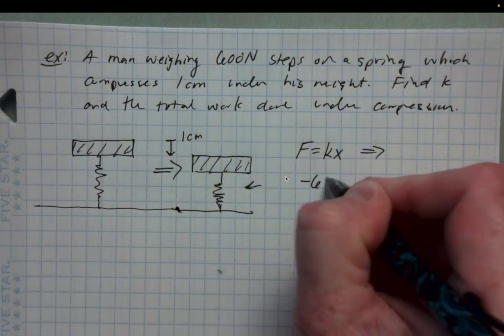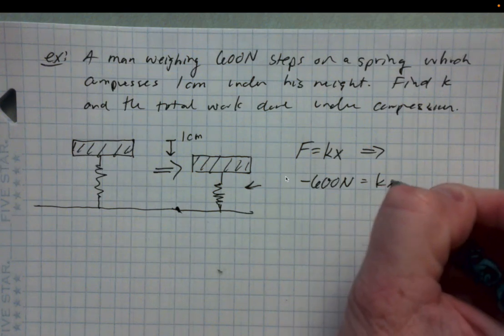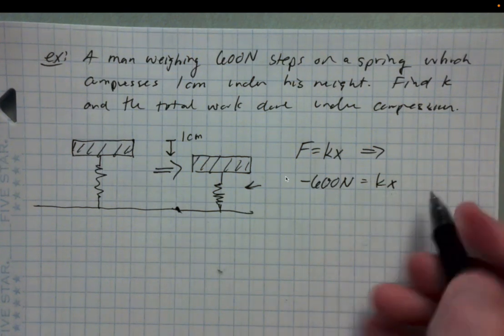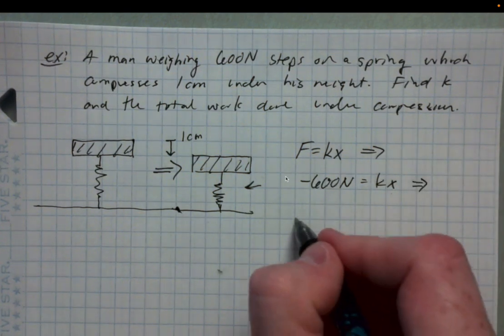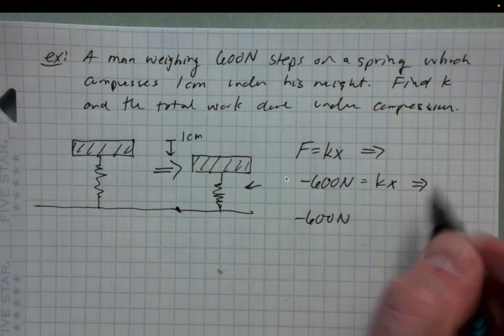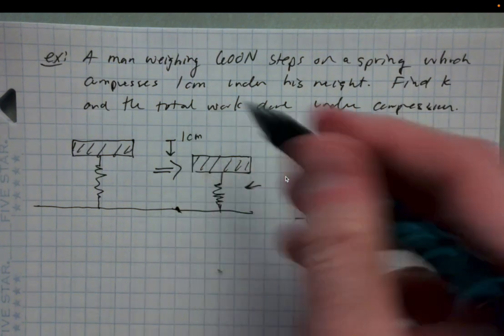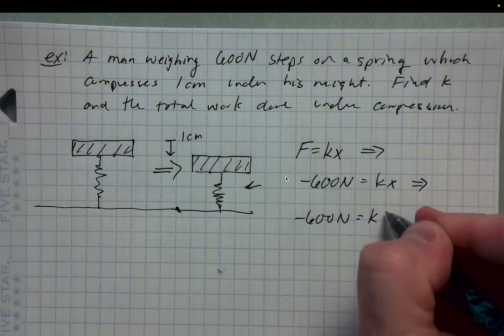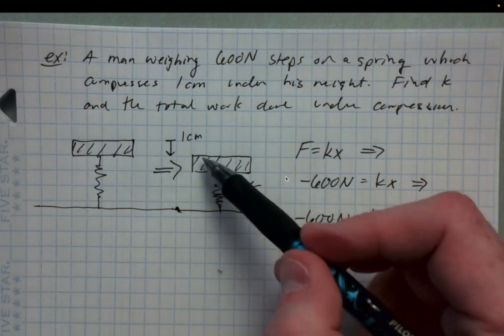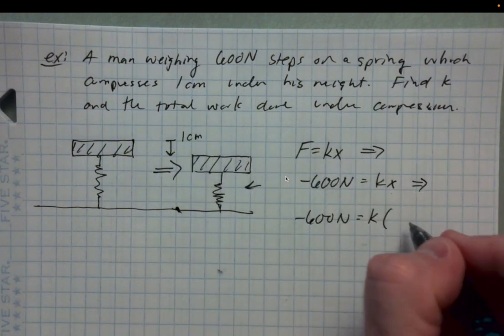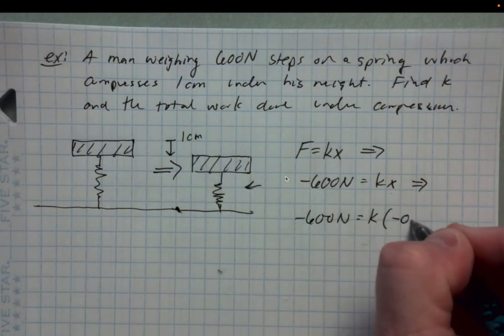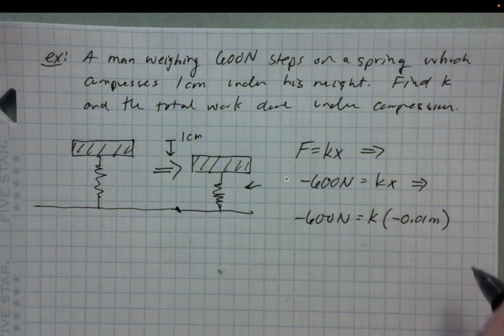So I've got negative 600 newtons equals k times x. Do I know the displacement? Yes, I do. The displacement is 1 centimeter in the negative direction again. So it'd be k times, I'm going to convert that to meters. So 1 centimeter is 0.01 meters. So negative 0.01 meters. Right?